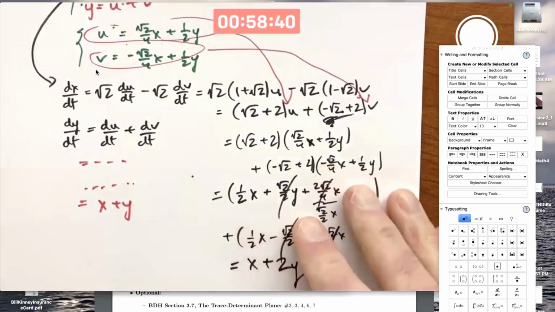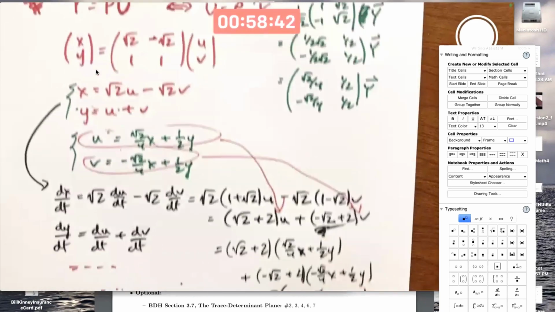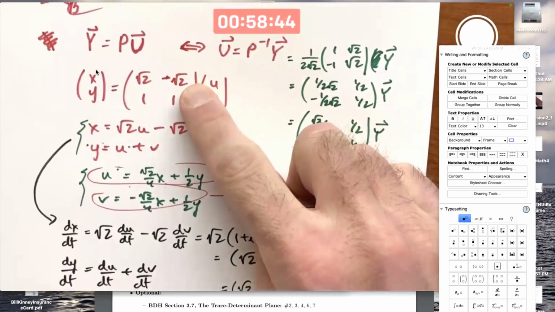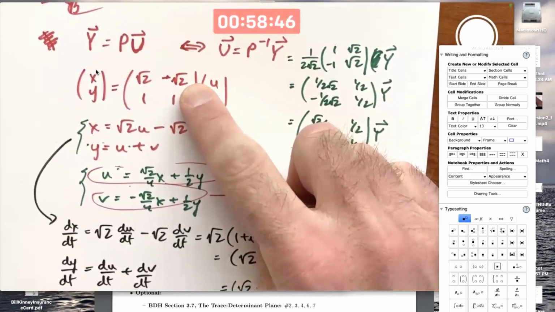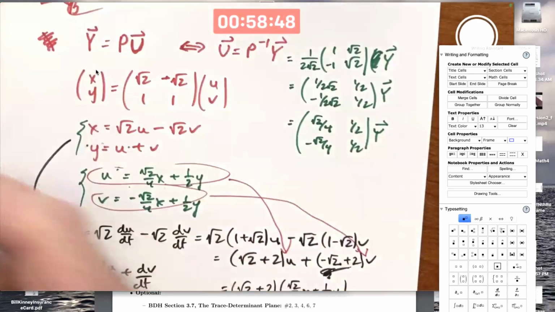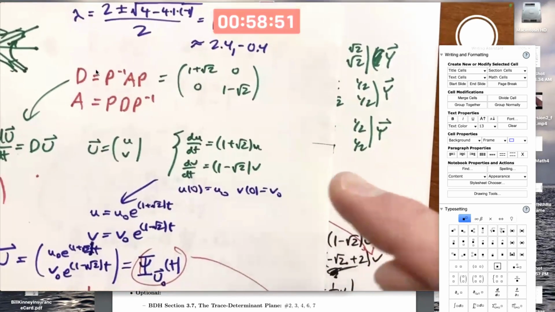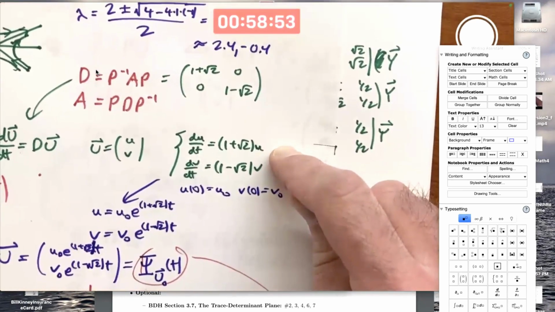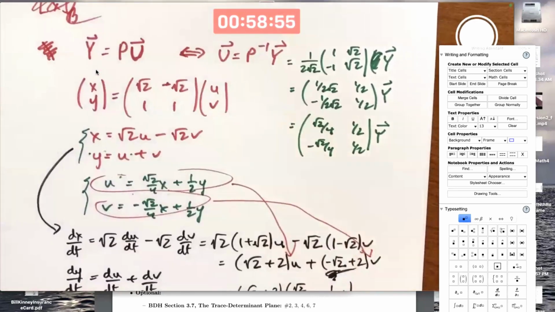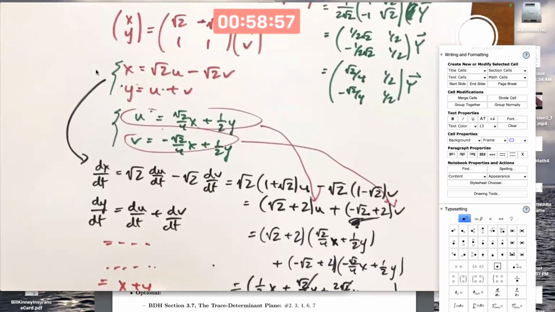So that's one way to verify that the change of coordinates matrix P essentially converts this completely decoupled system back to the original system. It also works the reverse.